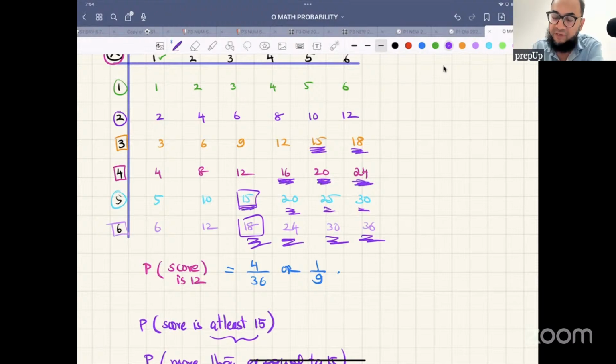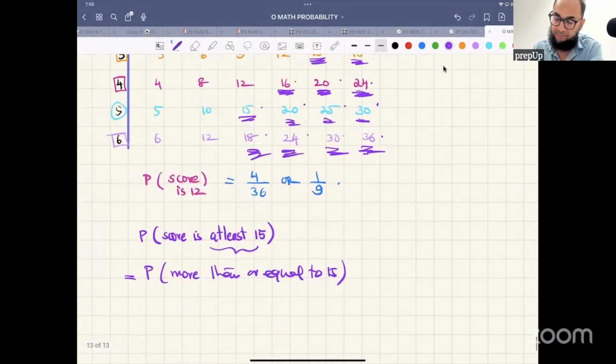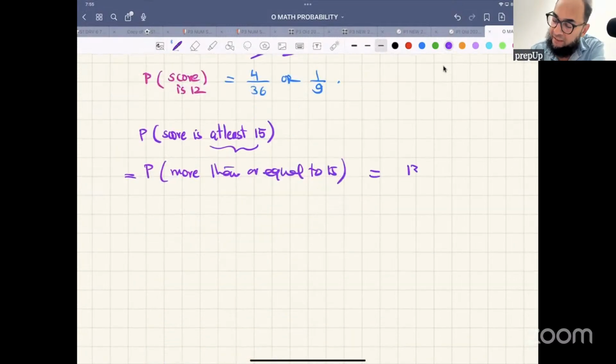This 15 is again there. And then we have this 20. We have this 25, 30, 18, 24, this thing and this. So 1, 2, 3, 4, 5, 6, 7, 8, 9, 10, 11, 12, and 13. So this comes out to be 13 over 36.